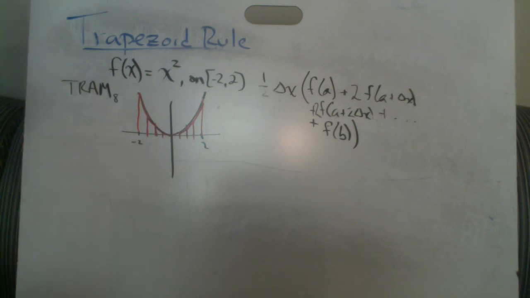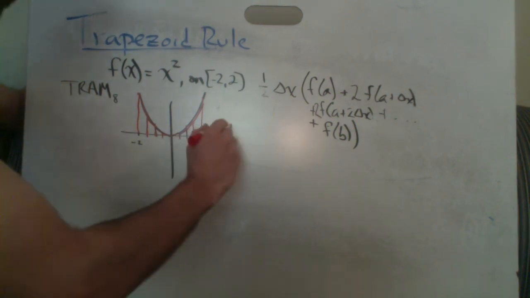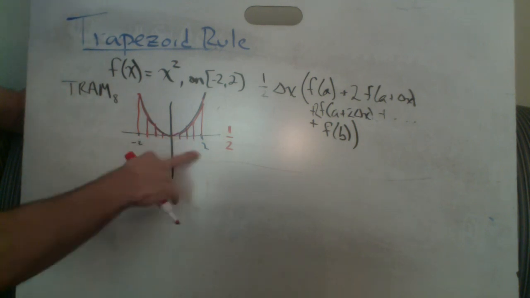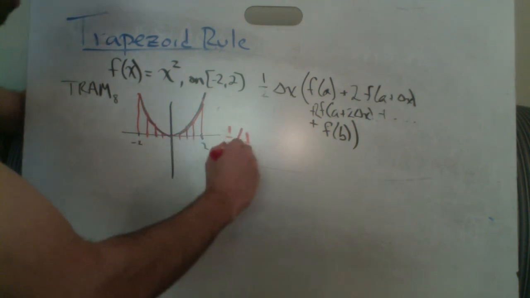So let's go ahead and figure this out here. So it should be 1/2. My delta x, well, there are 8 of them, and the interval is 4 units long, so that's going to be 1/2.